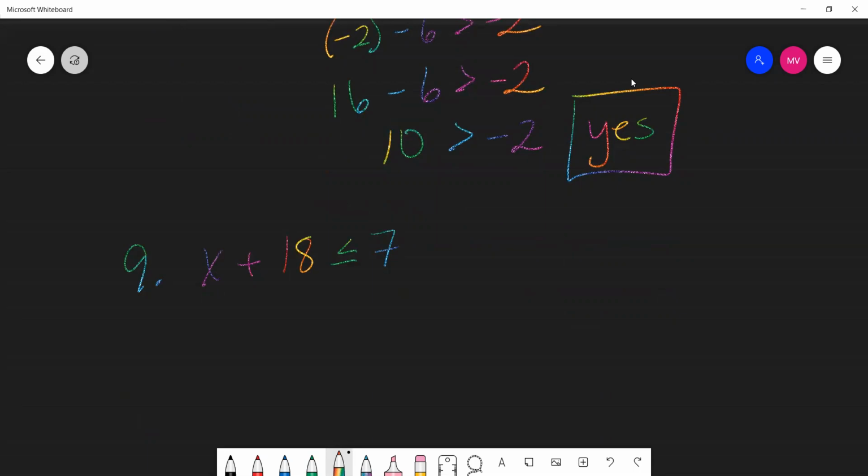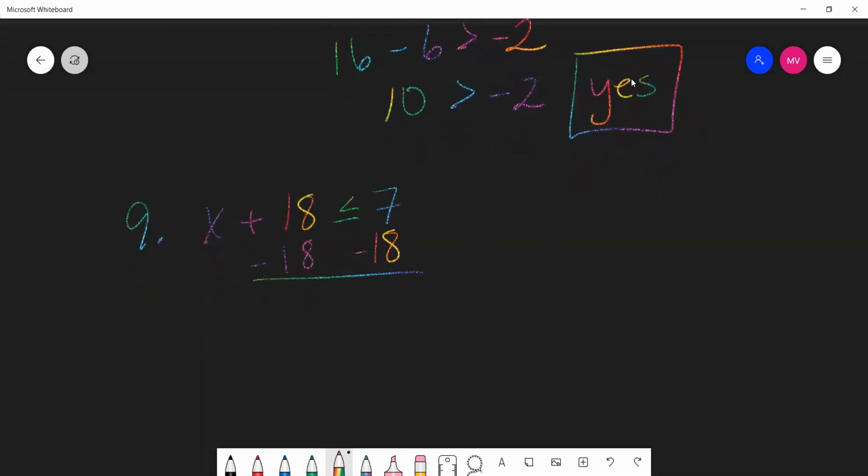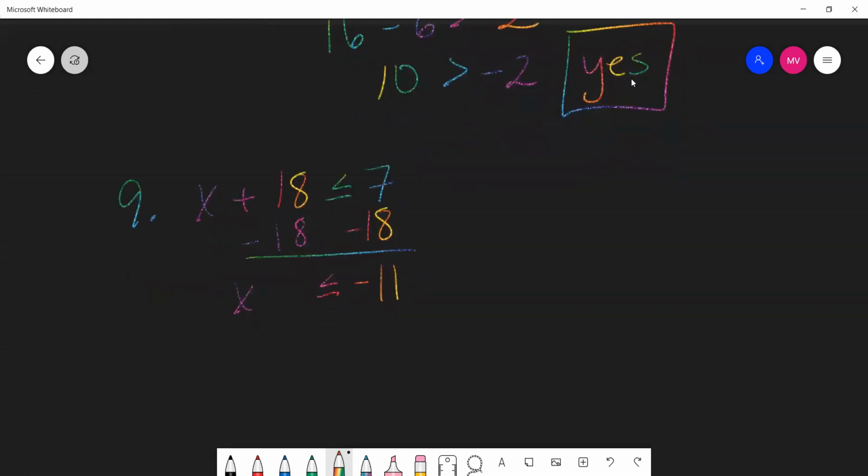We subtract 18 from both sides. We have to isolate our variable. Do we need to do anything with our inequality? But it's -18. You're not multiplying or dividing. Right, we're just subtracting, so don't worry about it. It's less than or equal to -11. Yes. So x must be less than or equal to -11.